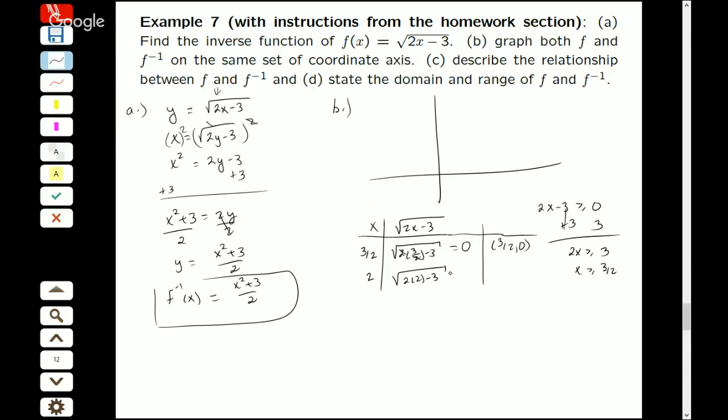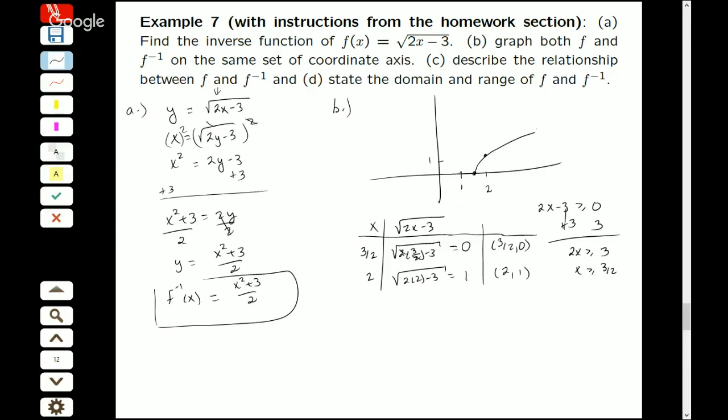What is 2 times 2? 4, minus 3. Square root of 1? 1. So I have 2, 1, and then 3 halves is the same as 1.5. It's a square root function, so it looks something like that.